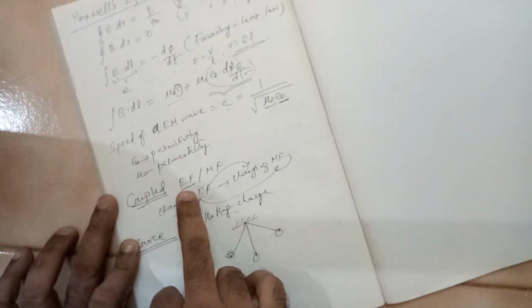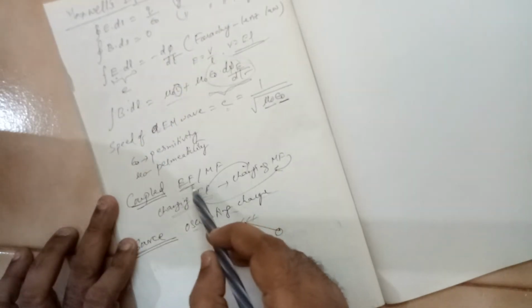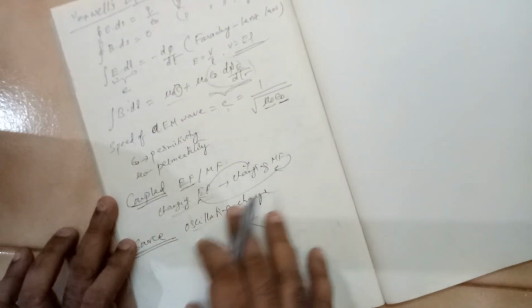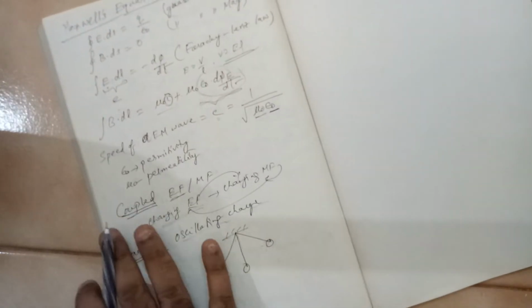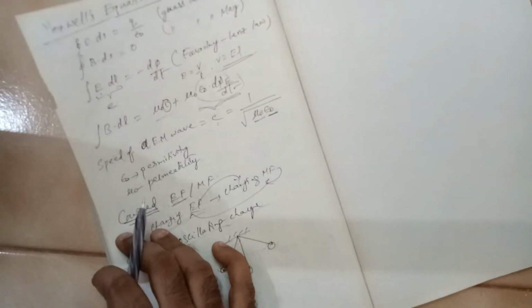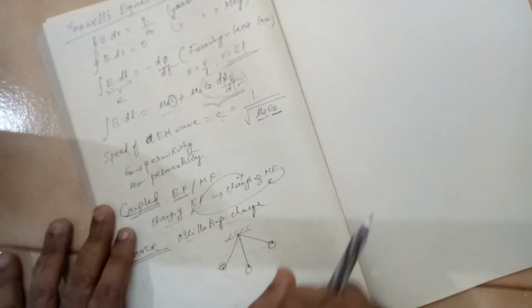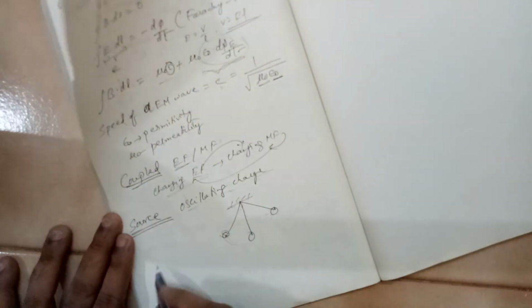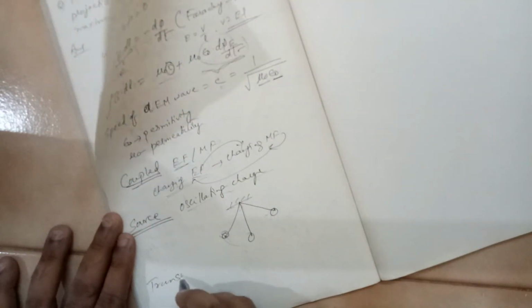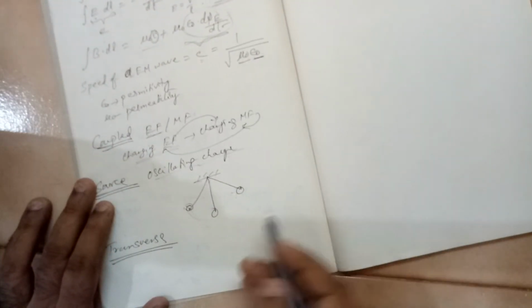That is why it is a coupled time varying electric field and magnetic field which is propagating in space. Yesterday I told you the difference between propagation and traveling. One person can travel from one point to another, but a wave propagates. When it propagates, it carries energy. It is also a transverse wave, I told you. What is the meaning of transverse wave?